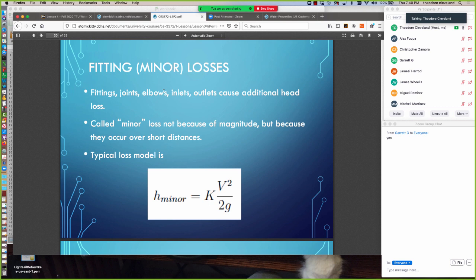The minor loss coefficients are tabulated for each type of fitting, joint, elbow, inlet, outlet, weld, multiplied by the velocity head in that device. If the device changes diameter, a reducer for instance, you compute the velocity head using the smaller diameter.